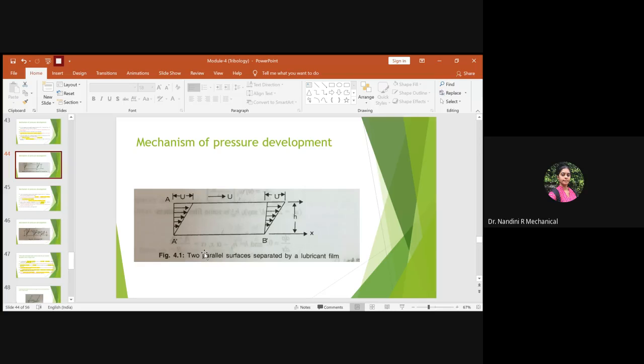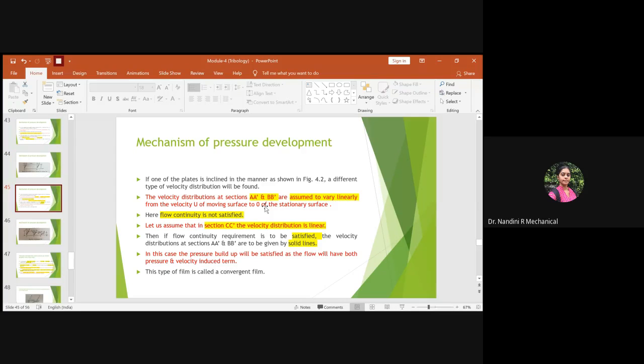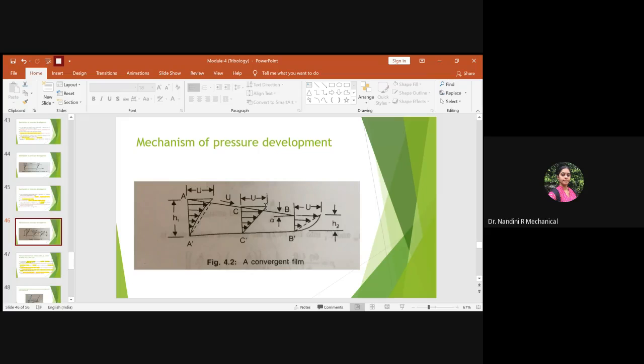In either case, the bottom surface is held stationary and the top surface moves with a constant velocity. So we studied the mechanism of pressure development in the previous class with respect to two conditions.